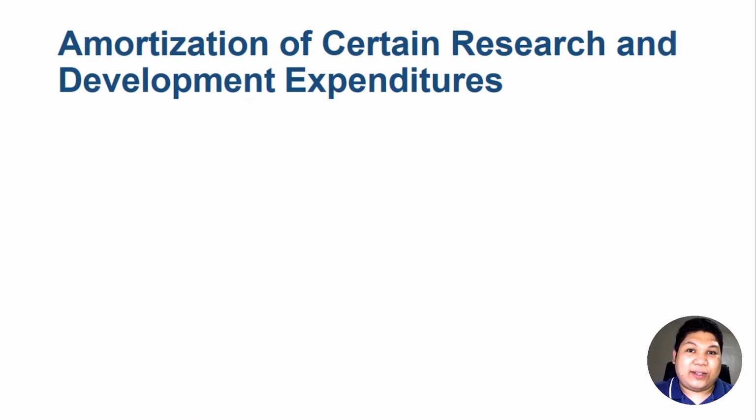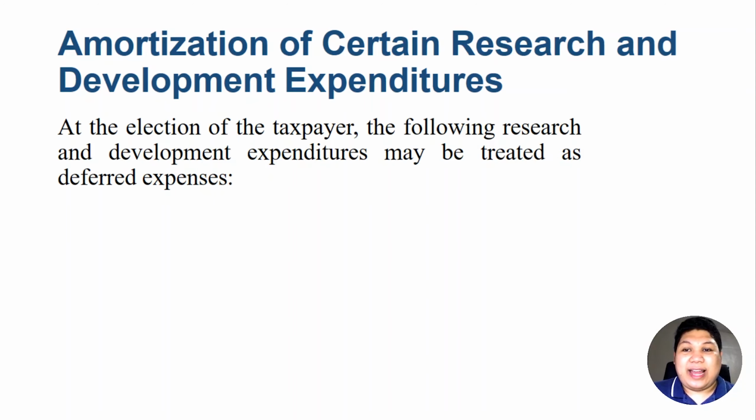This does not include those research and development costs spent on properties which are subject to depreciation. At the election of the taxpayer, the following research and development expenditures may be treated as deferred expenses.